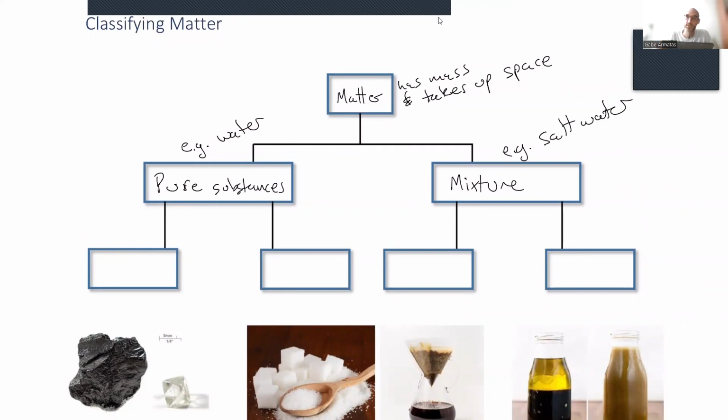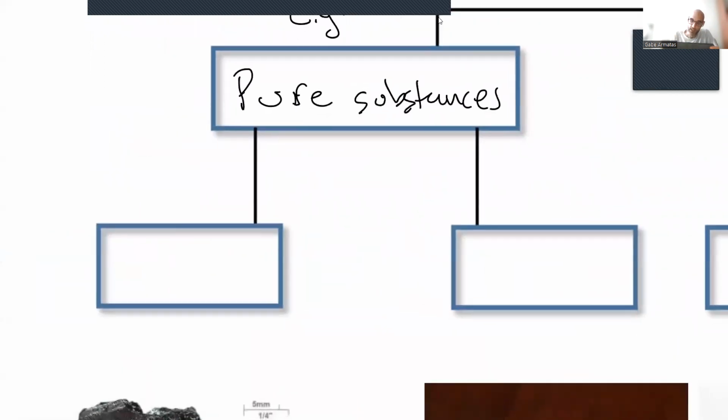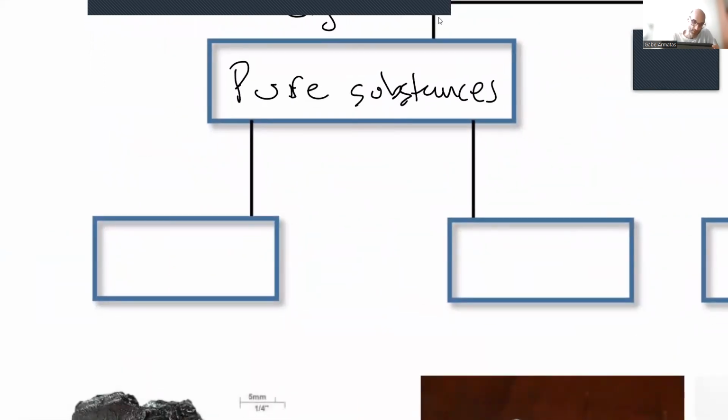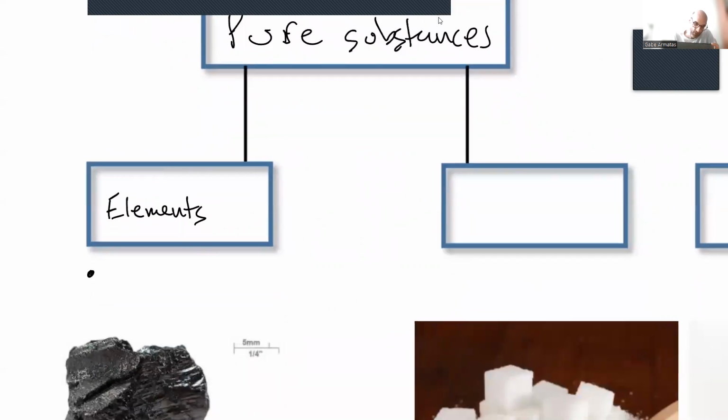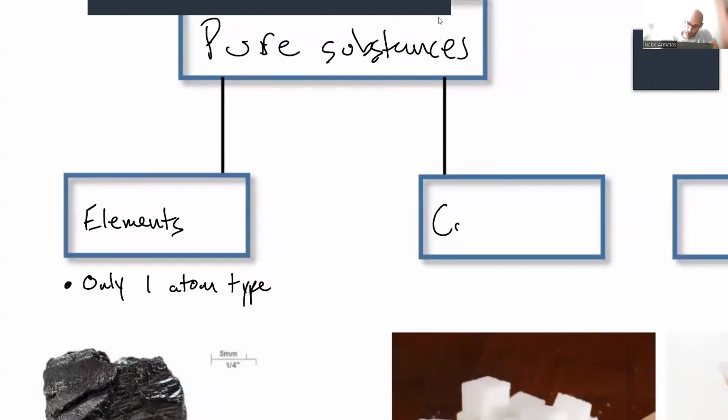Okay, so pure substances can then be further broken down. If I take my pure substances here and break them down further, there are two options. We can have elements. An element, by definition, is only one atom type. Like I said, O2 is oxygen, but it's only one atom type. The other type of pure substance is compounds, which we looked at above as well.